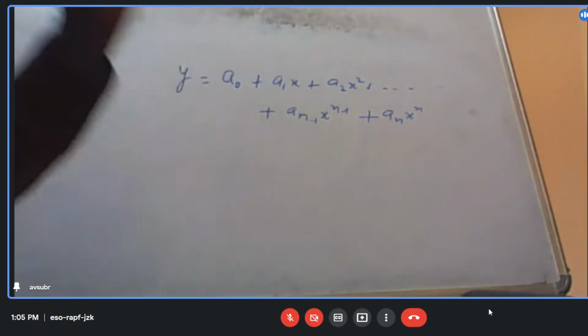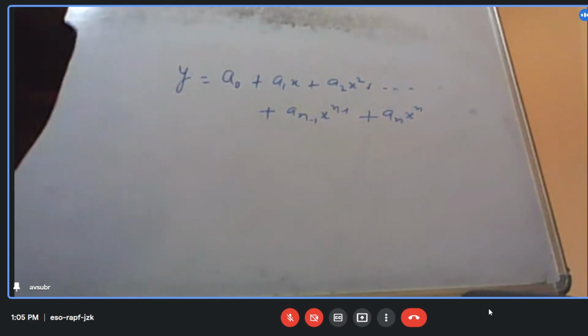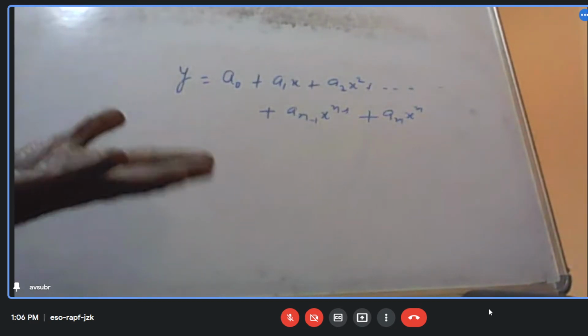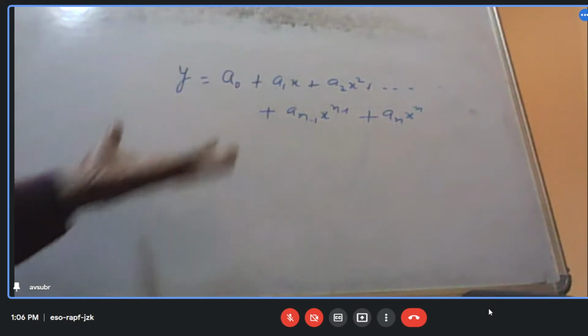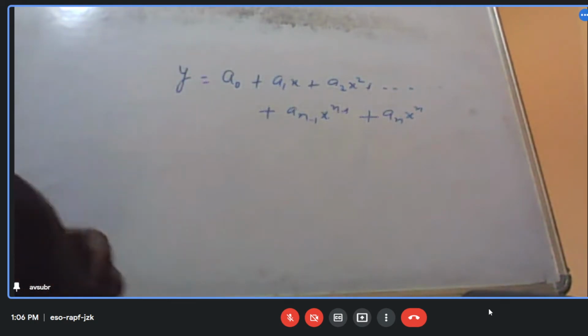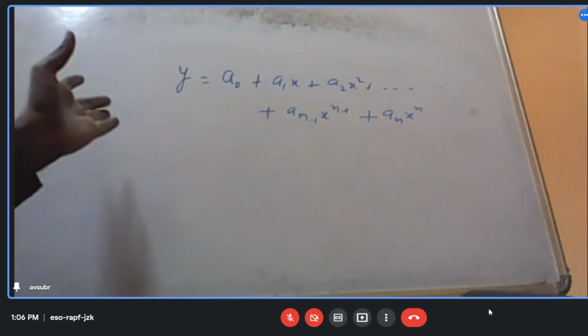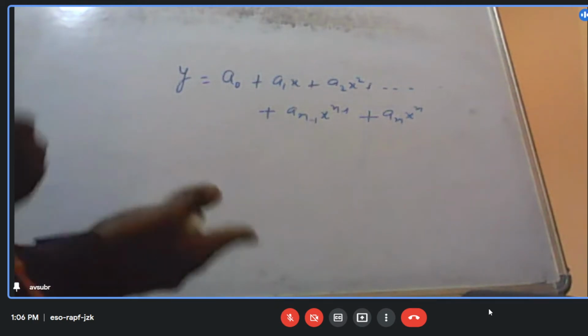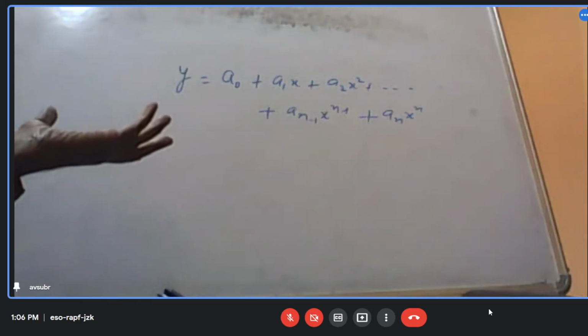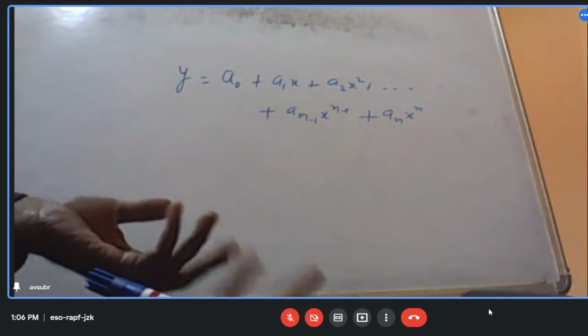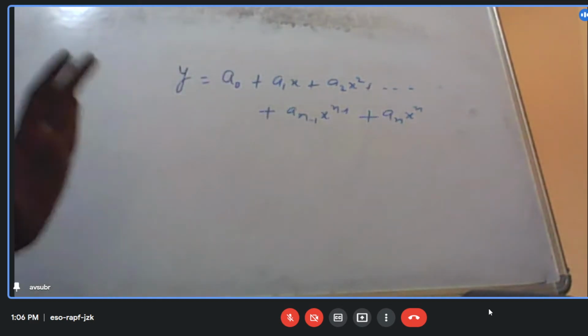So that is my aim. I want to find a general formula for that. There we took cos x, but it could be applied to any kind of curve or any kind of function.